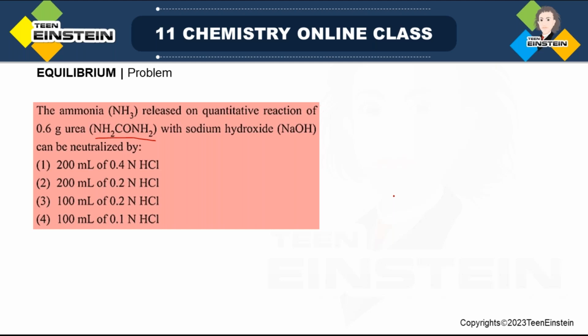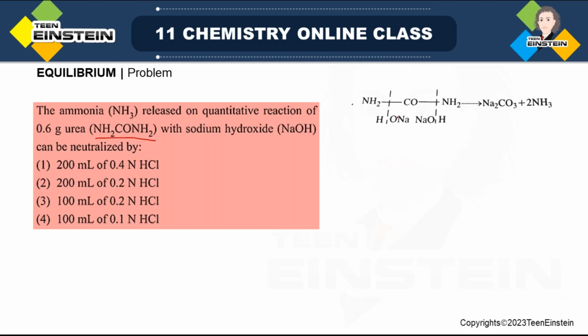So first you have to write the reaction between urea, NH2CONH2, and NaOH. The balanced equation you have to write. Why is the balanced equation important? Because you have to understand from 1 mole of urea how many moles of ammonia you are getting, and that is the reason why you need a balanced equation. So this is the reaction.